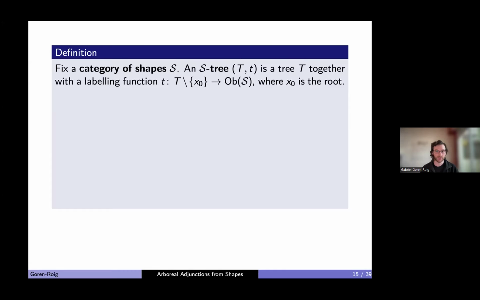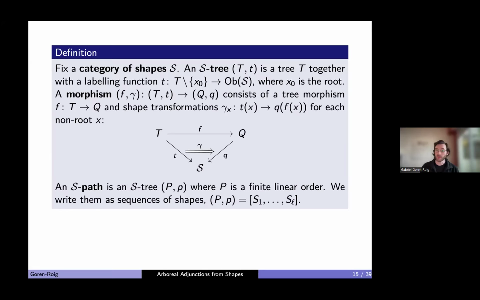It's basically a function that assigns some object of the category S to each non-root node of T. Here I need you to remember that it made sense, hopefully, when I showed you that example, that the root didn't have any shape assigned to it, because it's just telling you how everything else is going to be glued together. Intuitively speaking, there's no gluing here.